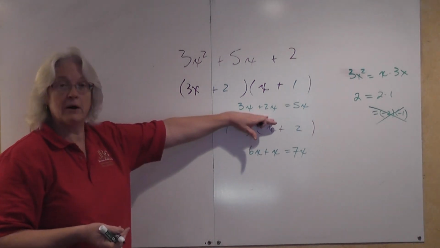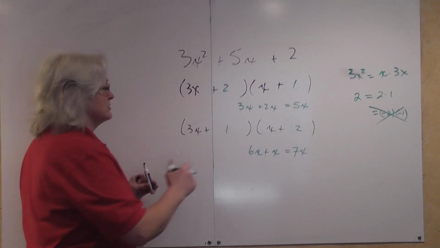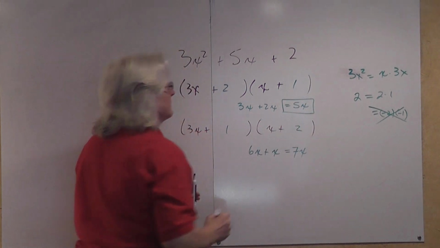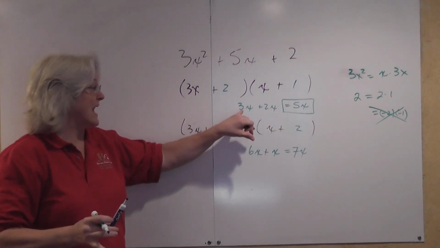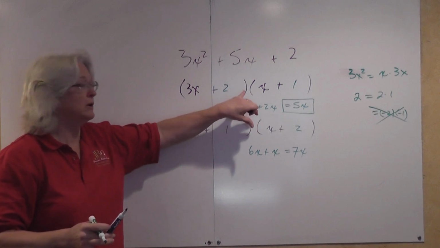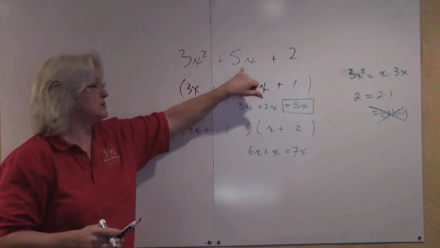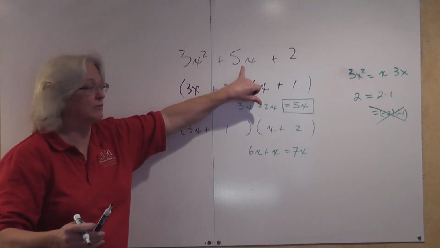Now you saw, I'm sure, that this is going to be our correct factorization. You saw that first. Why? Because the sum of the outer product of 3x and the inner product of 2x is 5x, which is that center term in our trinomial that we're looking for.